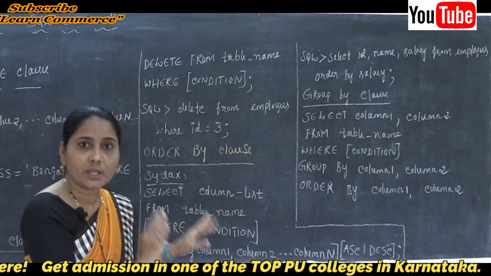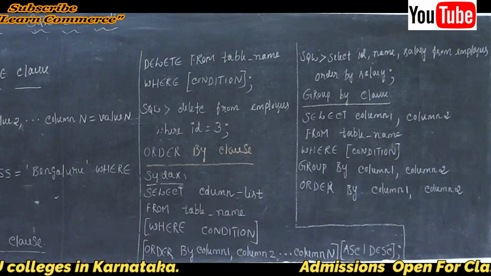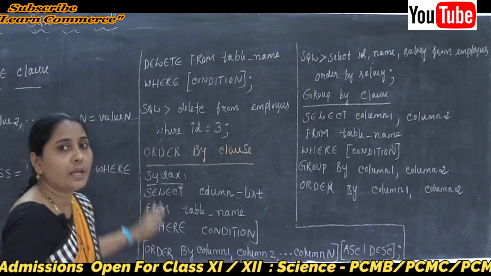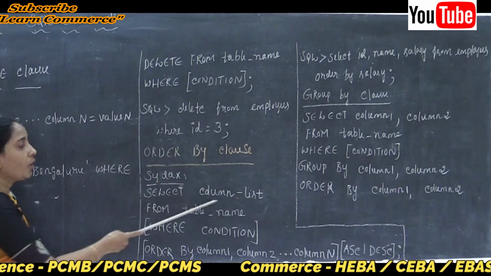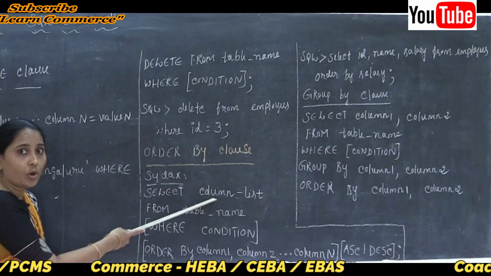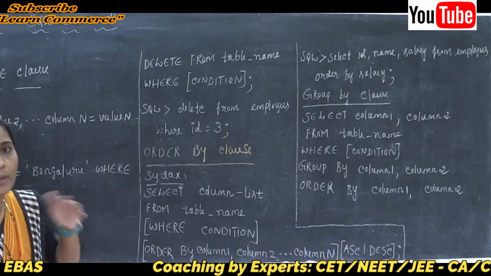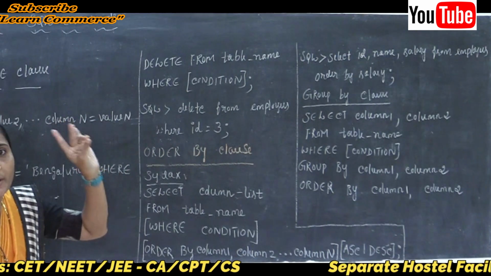So clear this point here, the meaning of the order by clause and the syntax of the order by clause. We can say the basic syntax of the order by clause is as follows. The first one is select column-list. That means many columns are there in our employees table and every column is going to be selected. The columns are ID, name, age, address, salary.